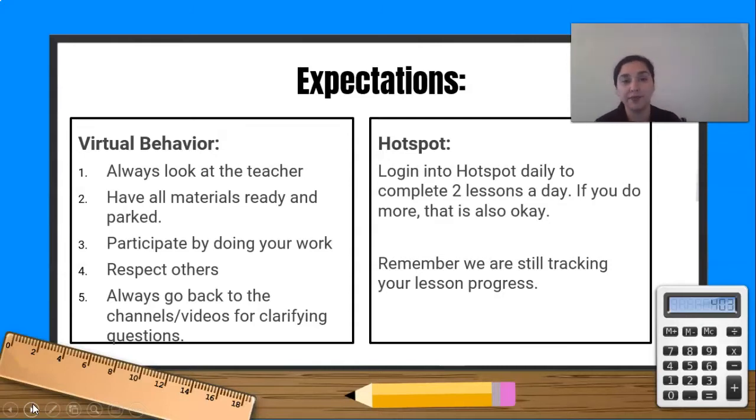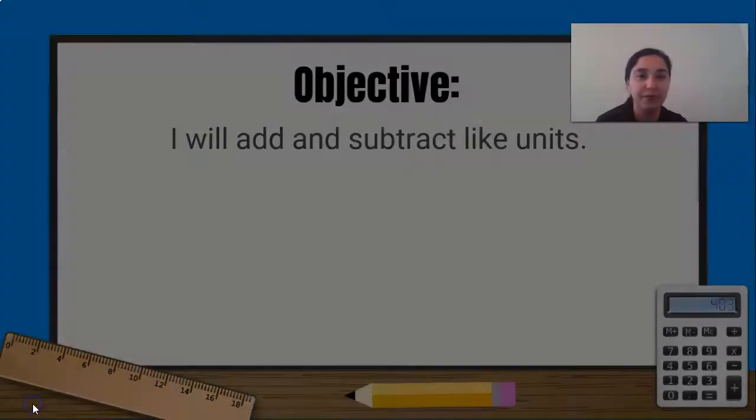You're doing all your work, and you respect yourself and others by turning in your work. If you have any questions, make sure you always go back to the video, to the Eureka channel. And that you log in to Hotspot and complete 2 lessons per day.